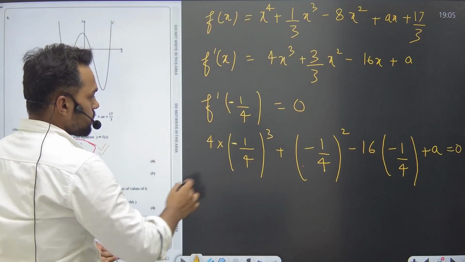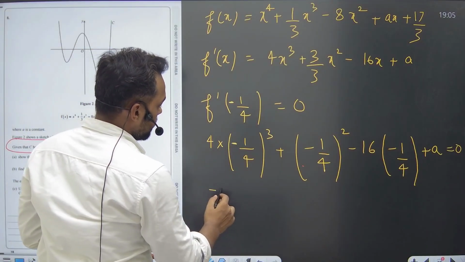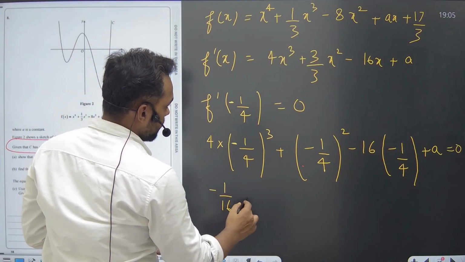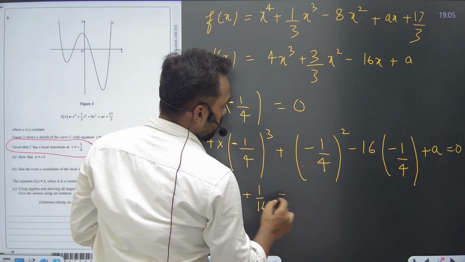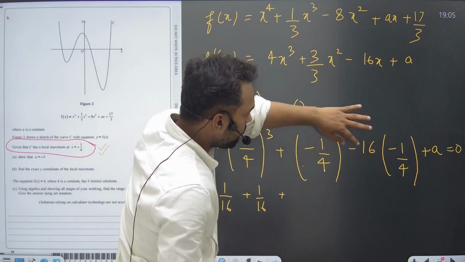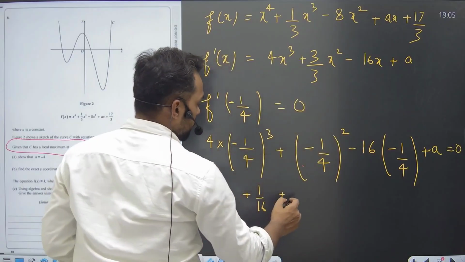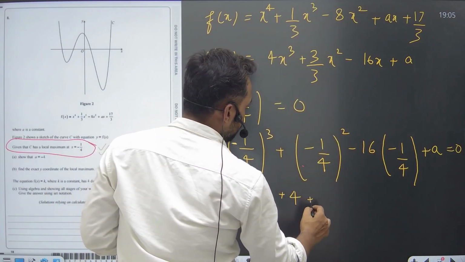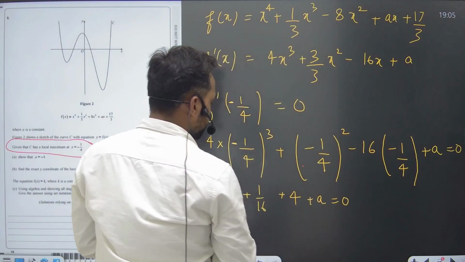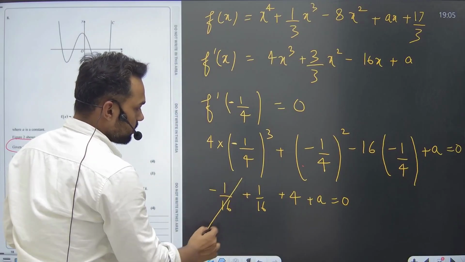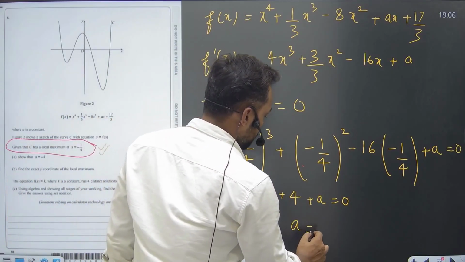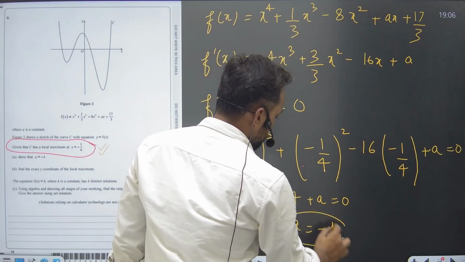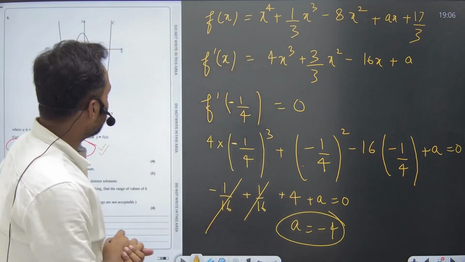Okay, so what we'll get here is negative of 1 by 16 plus of 1 by 16 negative of, the sign will be positive, negative and negative, so we'll get positive of 4 plus of a equals to 0. Now this term and this term got cancelled here, so a will be equal to negative of 4. So we have got the value of a here.